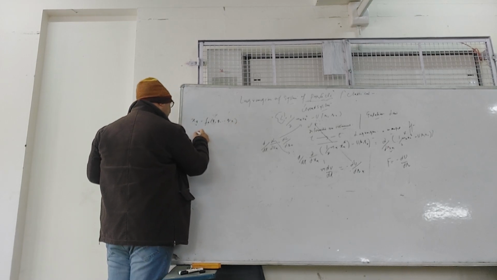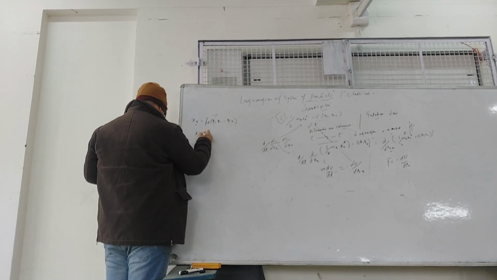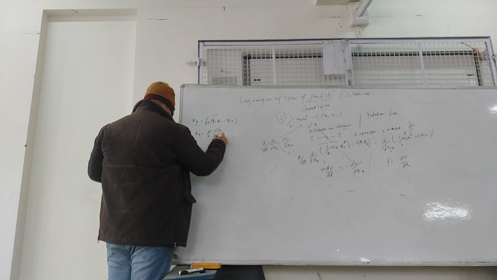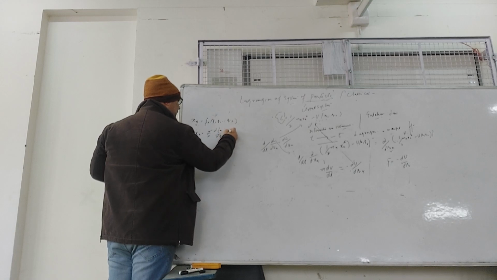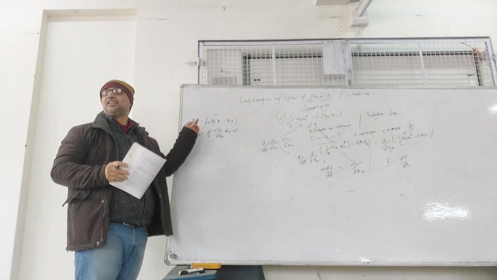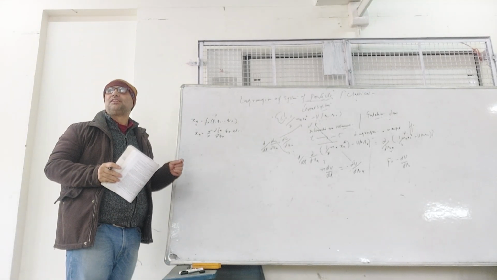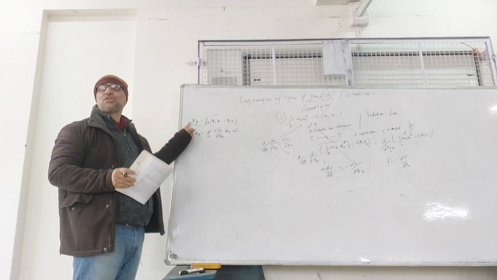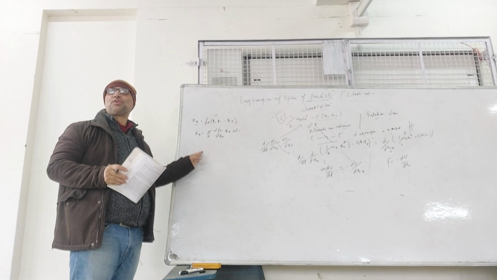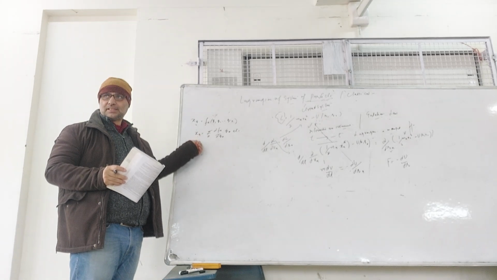And x_a dot is equal to... we are redefining the position coordinate and velocity coordinate in Lagrangian formalism like this.